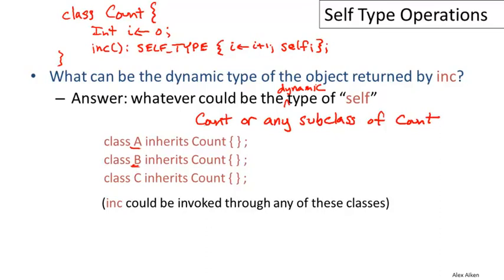So it's going to return something that's at most count, but it could return something more specific. It could be a subclass of count or a subclass of a subclass of count. Anything that inherits directly or indirectly from count is a possibility.